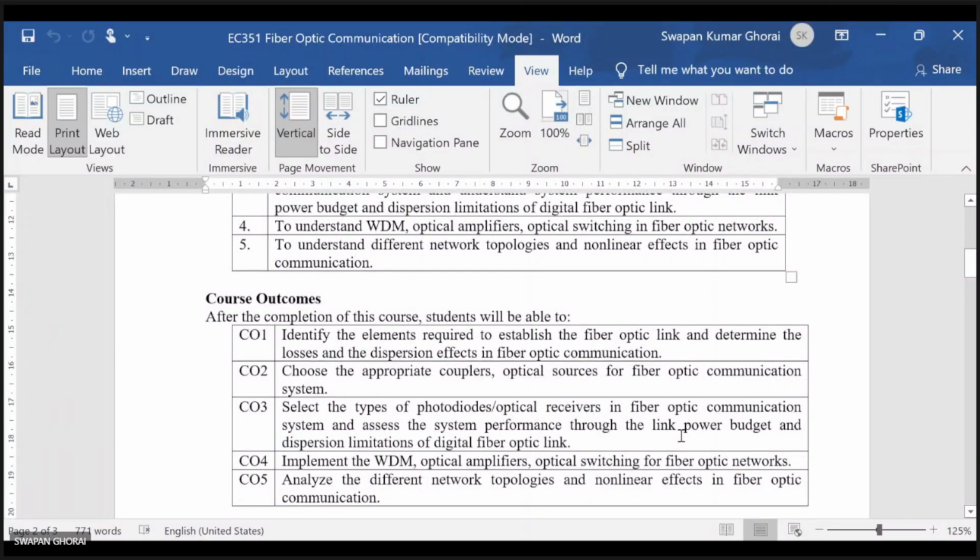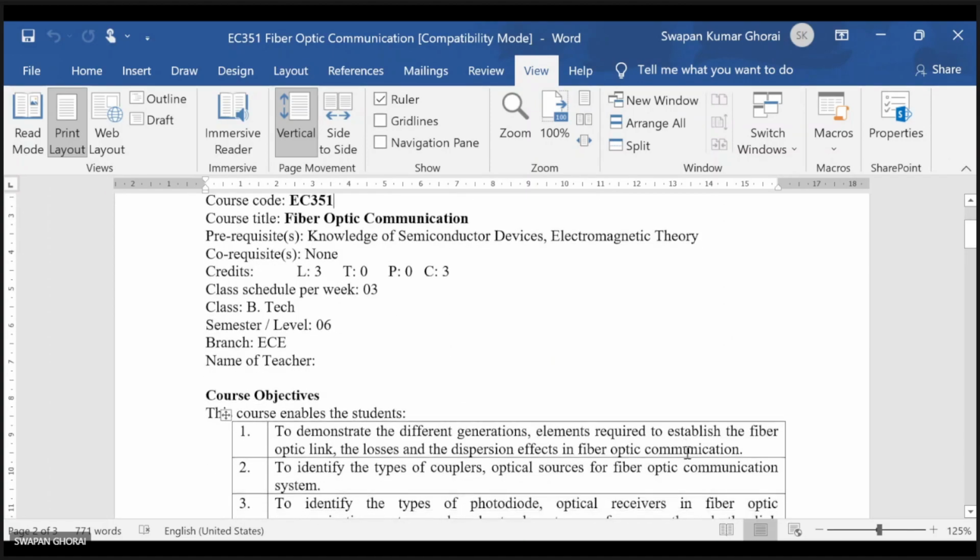At that time I'll show you how the different generations have evolved. At present it is the fourth generation or fifth generation; it's a mix now. We'll see systems based on DWDM and other advanced devices used in the latest generation of optical fiber communications. So the different generations will be discussed in this.